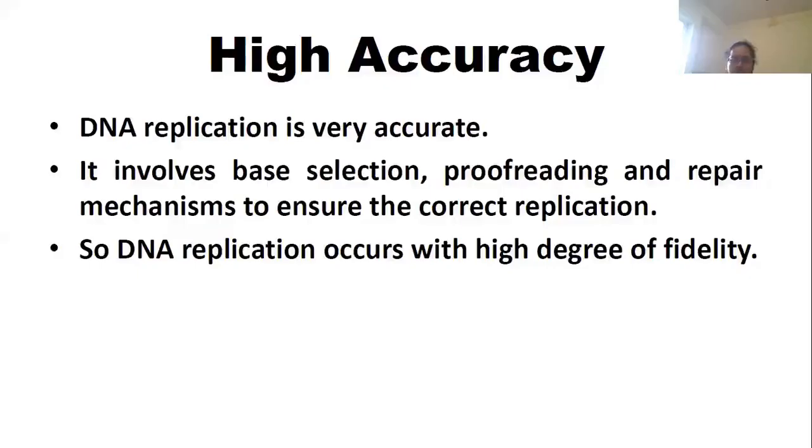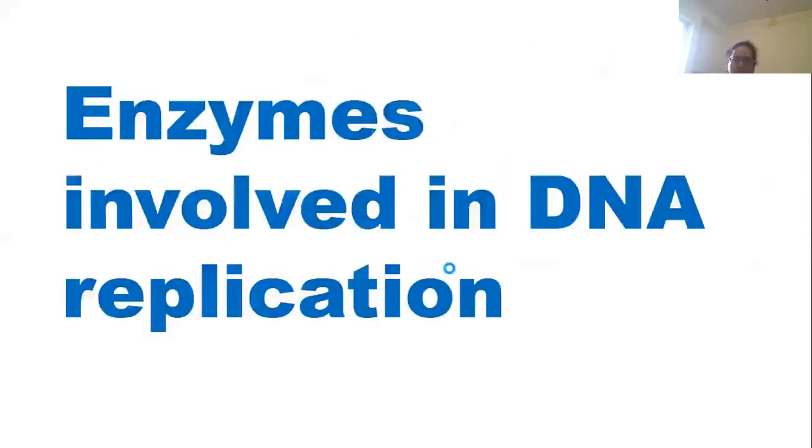So DNA replication shows high accuracy. So we can say it is very accurate and it involves base selection, proofreading and repair mechanism. So how is it very accurate? Because if it selects an incorrect base, it will remove it. So it has proofreading activity.